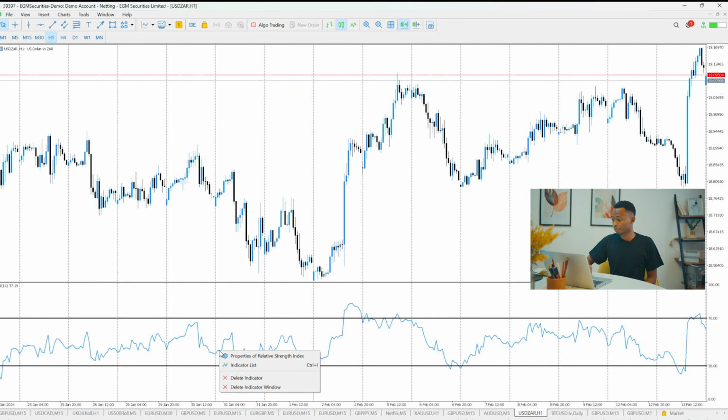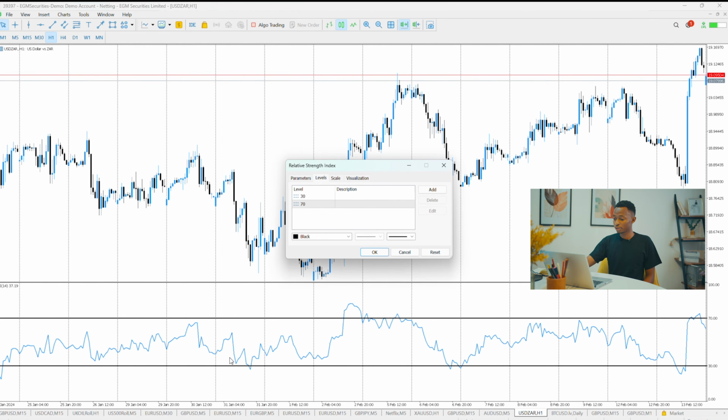So we need to edit our indicator, and to do that from the PC, you just simply hover on your RSI, right click on it and say properties. If you're using your mobile device, it's not very complicated. Just go to the F button again and click on the RSI that you've added, and now we're going to add a level. So I'll click on level like that and add 50.